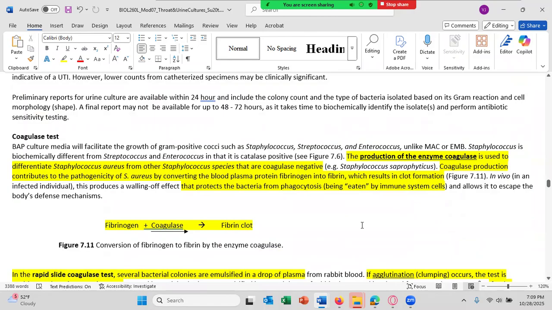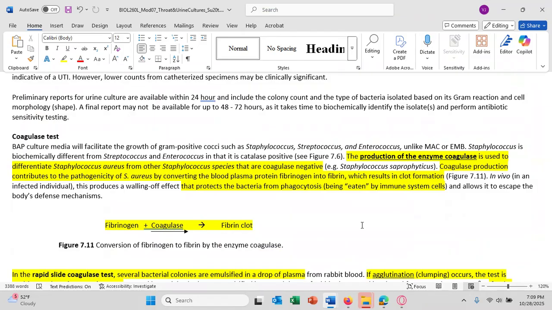Staphylococcus aureus produces the enzyme coagulase, which causes a blood clot to surround the Staphylococcus aureus when it's first infecting the blood or the patient, when the bacteria numbers are low. When the bacteria are low in numbers, it's easiest for the immune system to remove the pathogen. And coagulase helps protect Staphylococcus by creating a blood clot around the bacteria. That makes it much harder for the immune system to mount a response or phagocytize the Staphylococcus aureus.